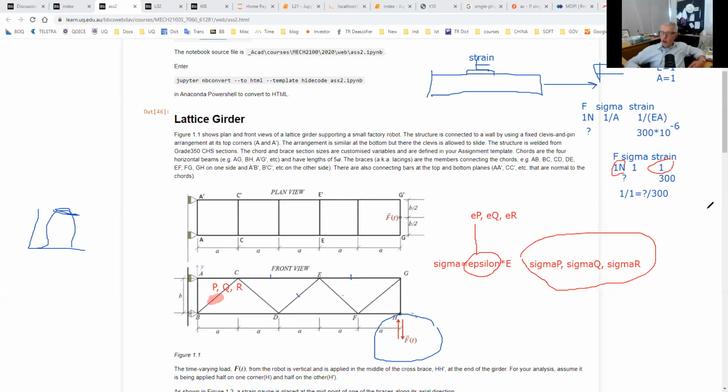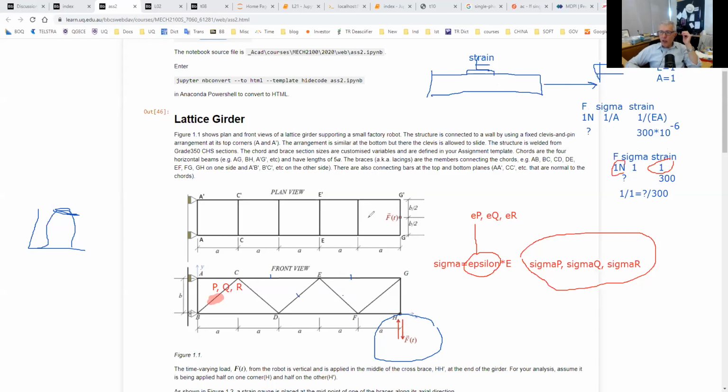So what do you need to do? It doesn't matter what you assume for force. If you want, you assume 88.67 newtons applying, and calculate the sigma in your strain gauge member. Now, in this case, sigma is very easy to calculate. It's force divided by area, because that's this in my drawing here. That's easy.